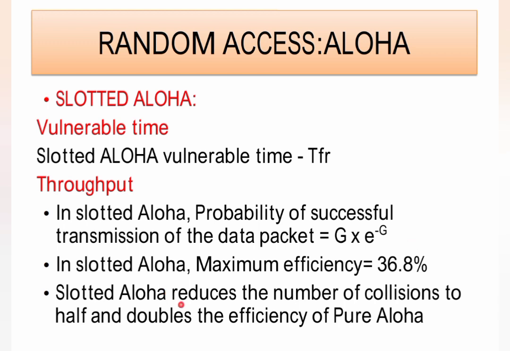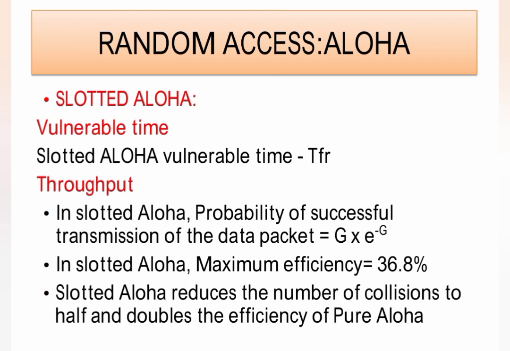In slotted ALOHA, the maximum efficiency is 36.8%. Slotted ALOHA reduces the number of collisions to half and doubles the efficiency of pure ALOHA. If frames are generated during one frame transmission time, then 36.8% of these frames reach their destination successfully. That is the meaning of the maximum efficiency.